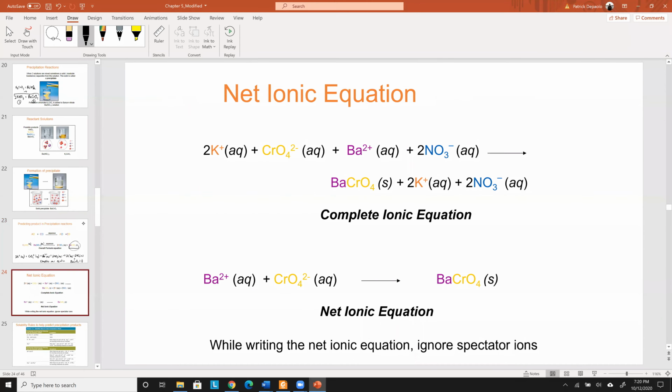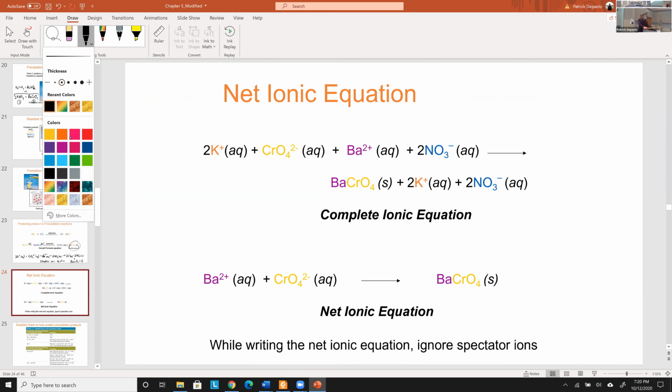Okay, so next is just the rewritten complete ionic equation. And now what we need to do at the end of the day is to create the net ionic equation. And this is just using algebra skills. So what you would do is cross out what's common on the left and right. On the left, you have 2K+. On the right, you have 2K+.